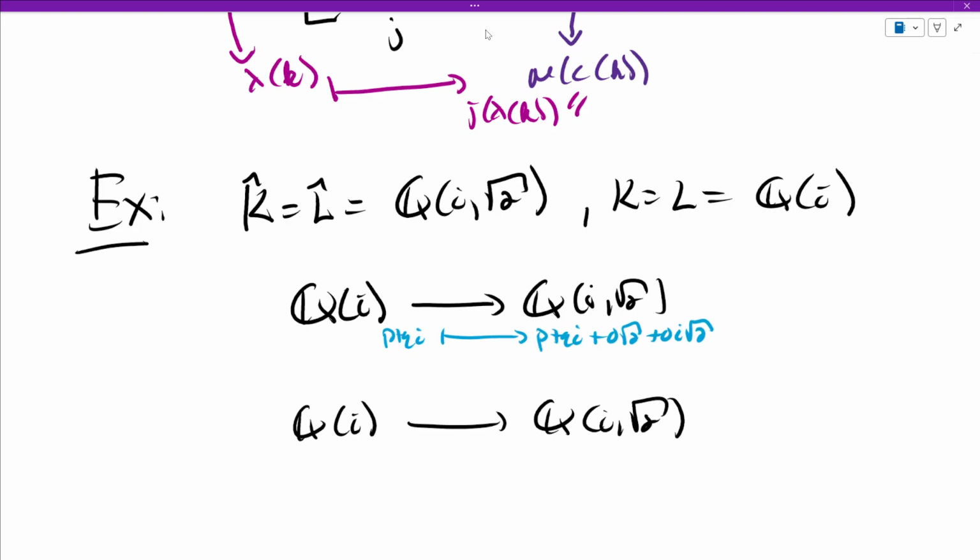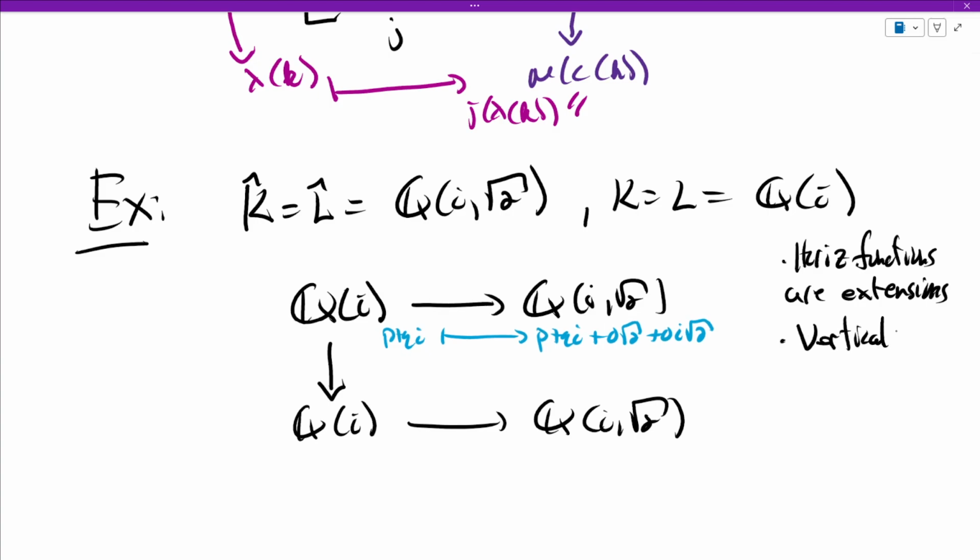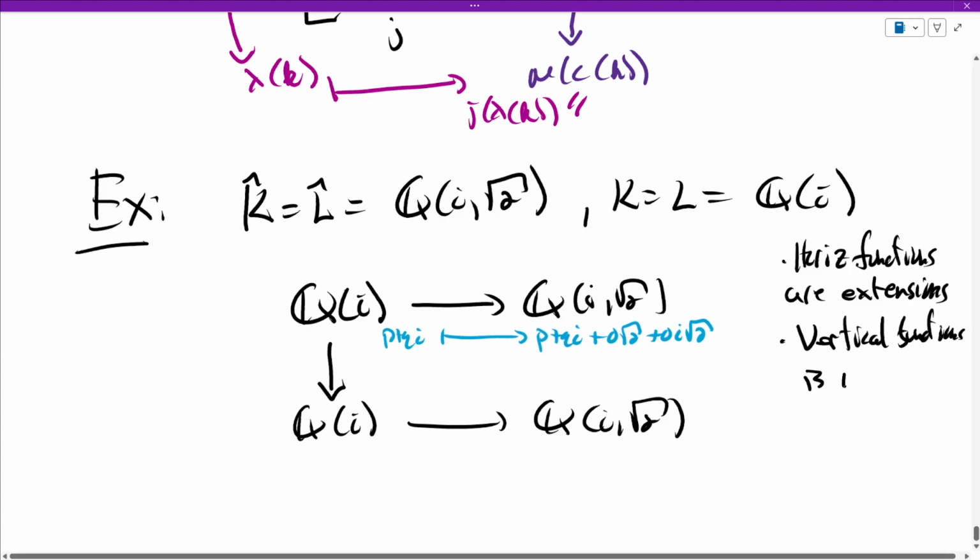Let's give an interesting function downwards. So here's our two starting extensions. The horizontal functions are the extensions, and the pair of vertical lines will be the isomorphism.